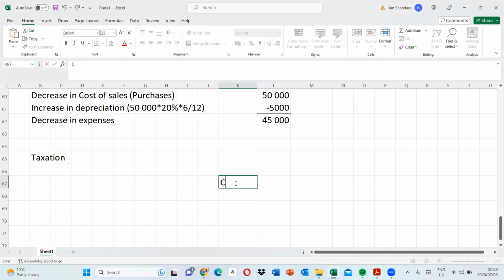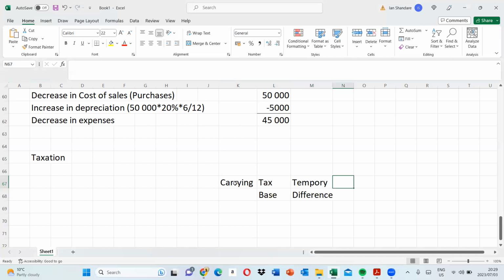You guys are learned. You have done deferred tax in detail. Let's look at carrying amount, tax base, so that we can see what is going on, and then temporary difference. And then we have deferred tax there.